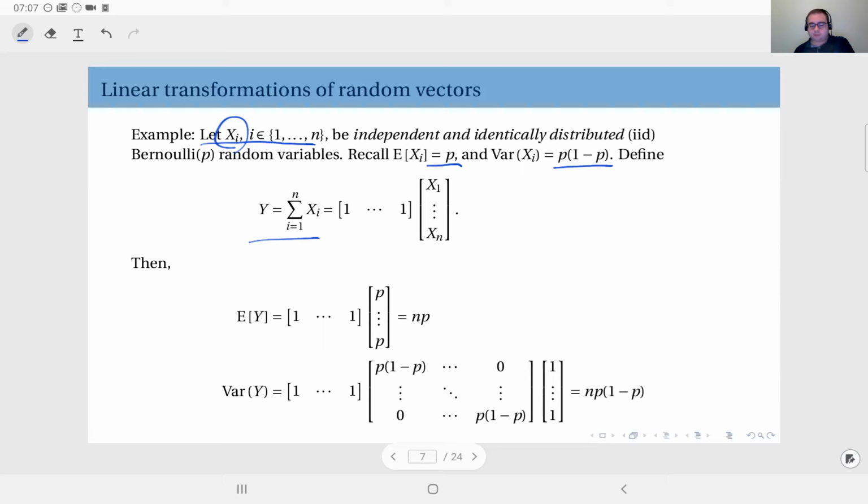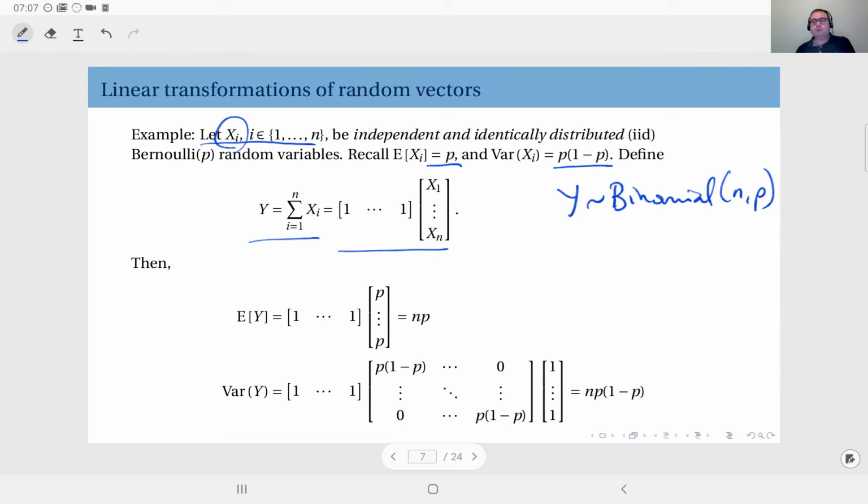So y essentially is a binomial random variable with parameters n and p, right? And we actually know the statistics of this random variable. But you see, it can be expressed also as this linear transformation on random vector x.